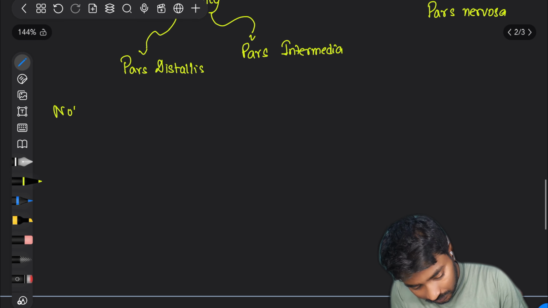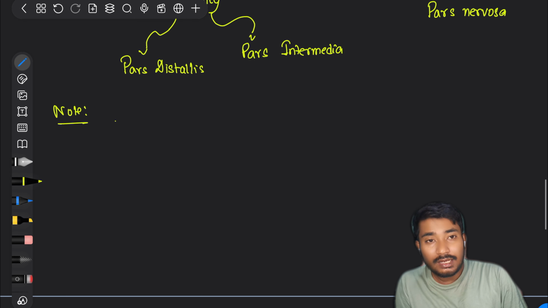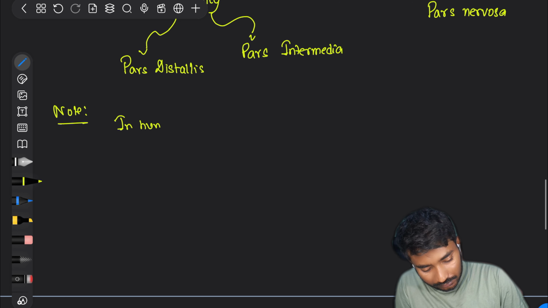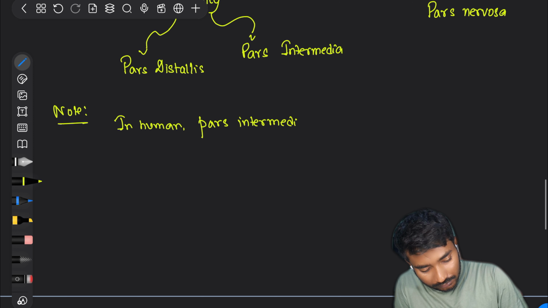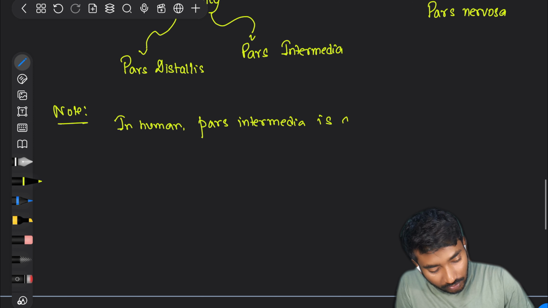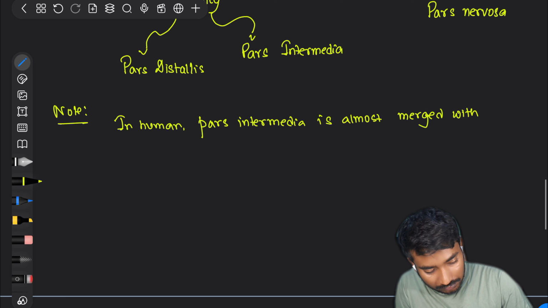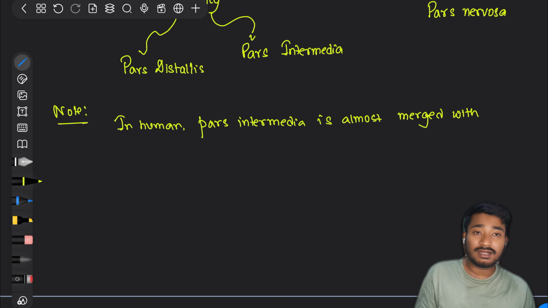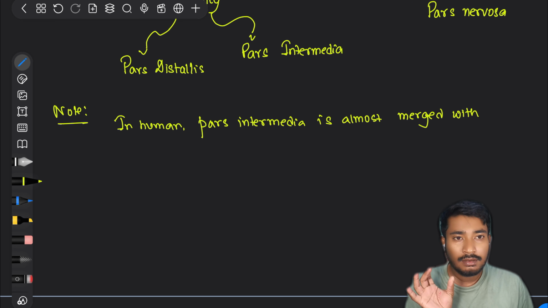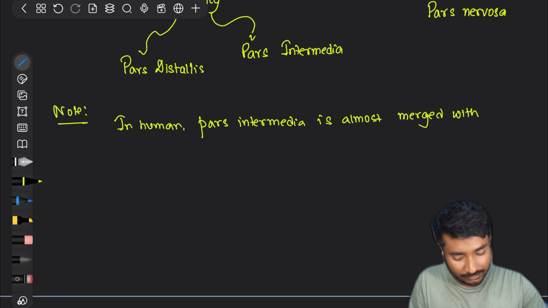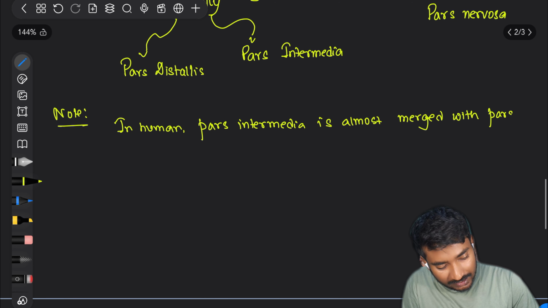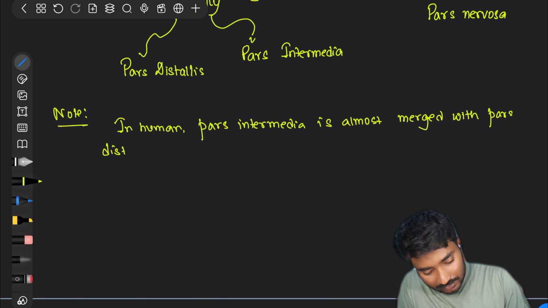Now note, in human, the pars intermedia, that is the middle pituitary, is almost merged with pars distalis.